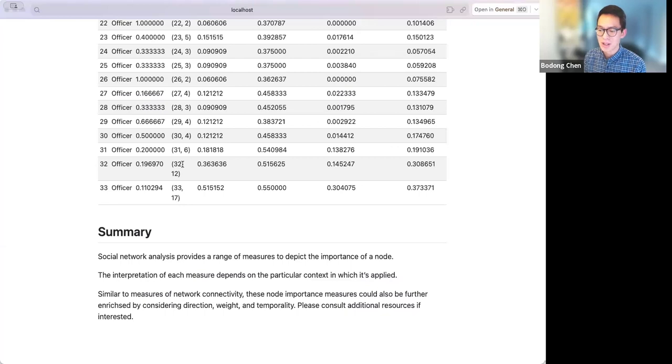And there's so much online information that you can consult in order to address any specific question you might have about a particular measure, or to think about different applications or different combinations of analysis you can do using social network analysis. I hope this is only the beginning for you to dive into this really rich area of research, and I hope to learn from you as well as we move forward. I'll see you in the next video.